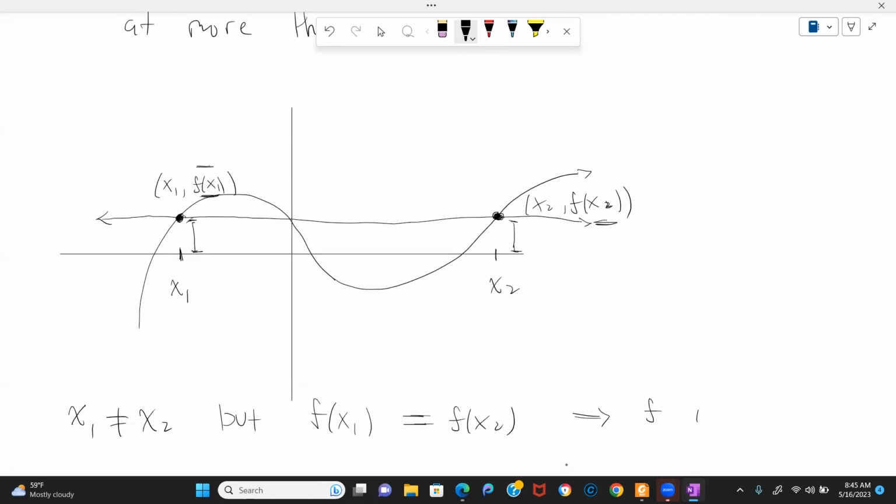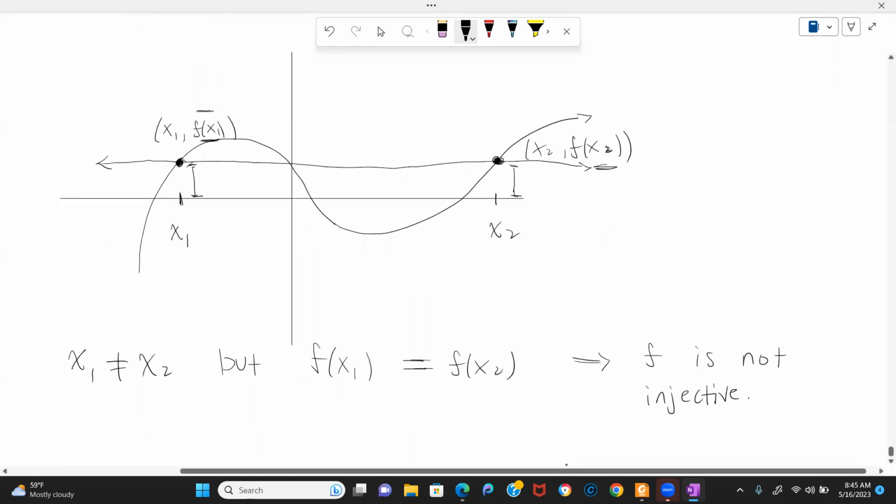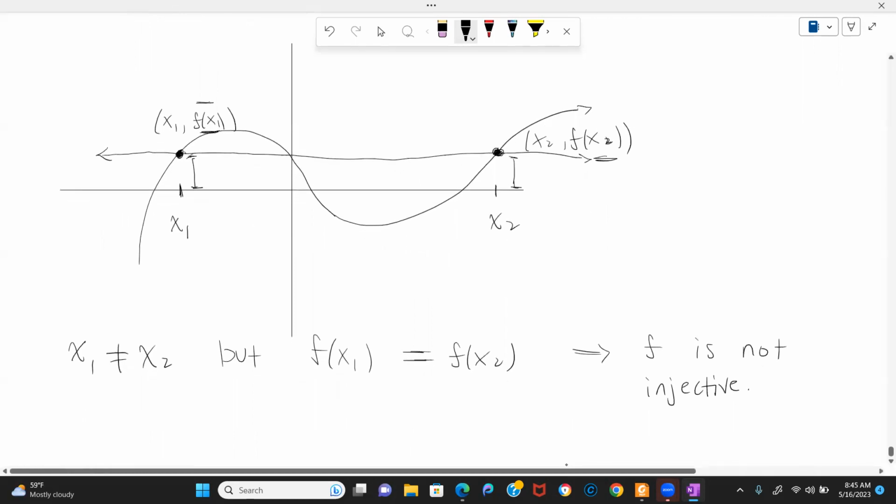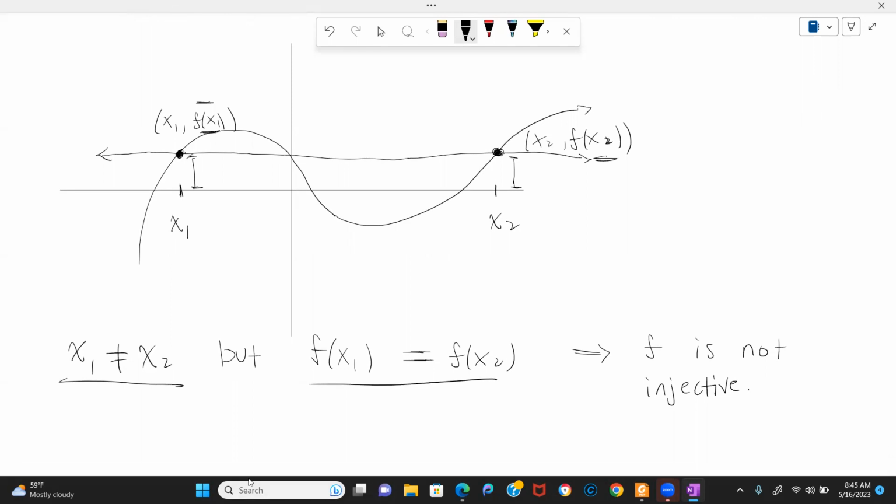So this implies that f is not injective. To be non-injective means you can find two distinct points with the same output when you apply f. This is just the very definition of being non-injective.